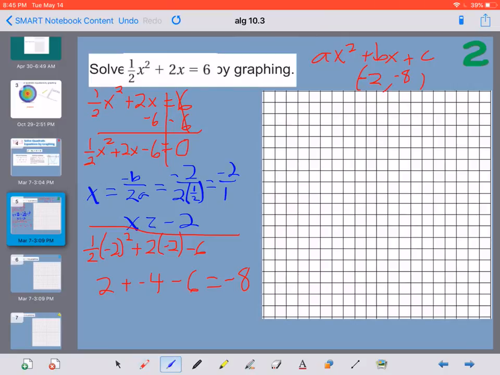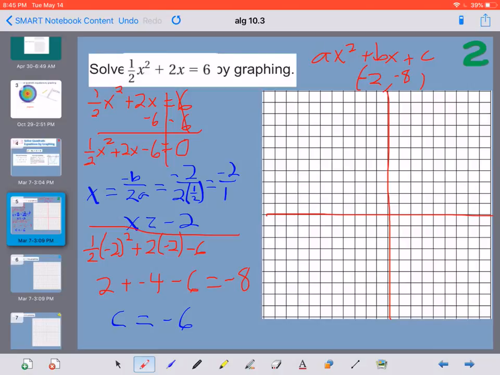And one last thing, I'm going to look at my c. My c this time is negative 6. So if I draw my graph, I'm going to go over to negative 2, negative 8.